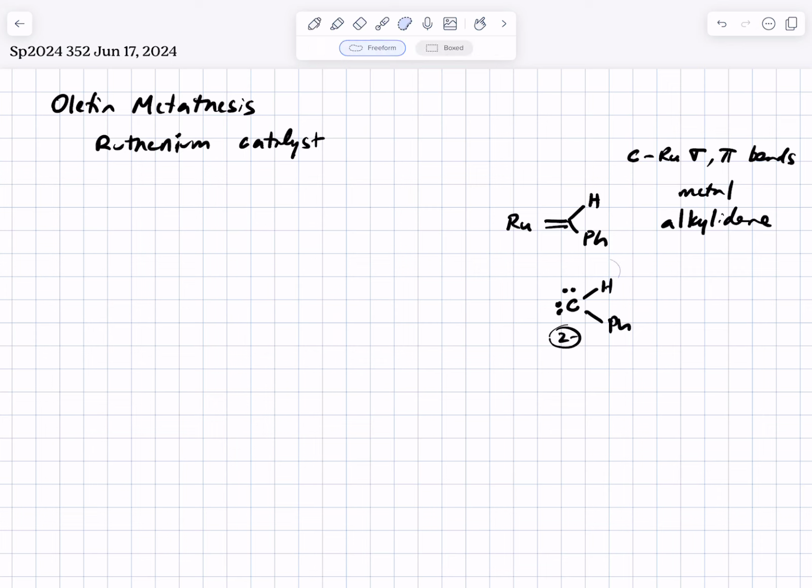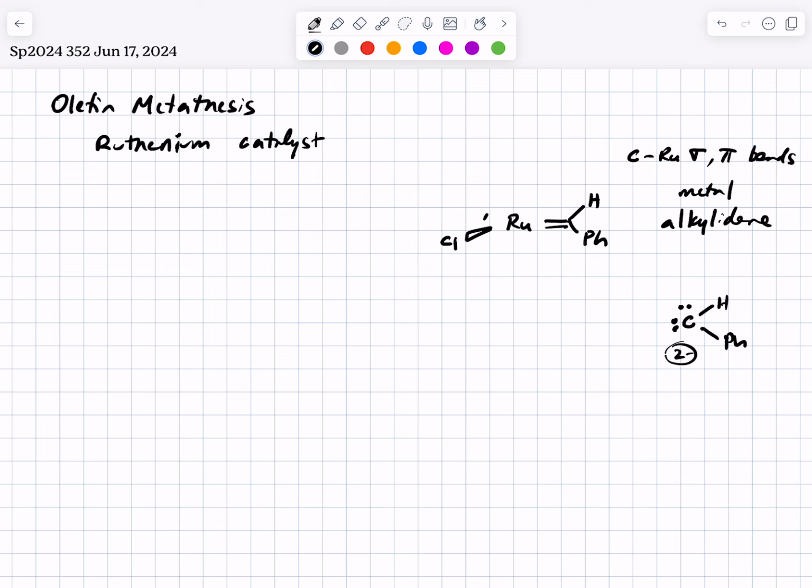In addition to that basic structure, you've got 2 chloro ligands. So those are also X-type ligands. And then you have two L-type ligands. These are phosphine ligands, only the things attached to the phosphorus are not going to be phenyl groups or tolyl groups. They're going to be now just cyclohexyl groups. Why cyclohexyl instead of phenyl?